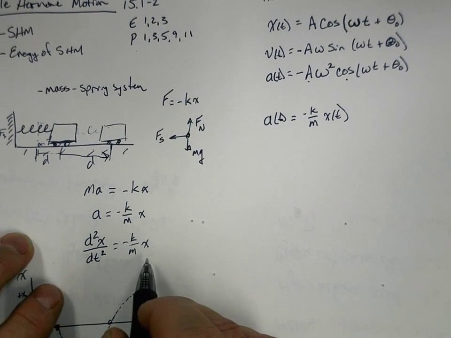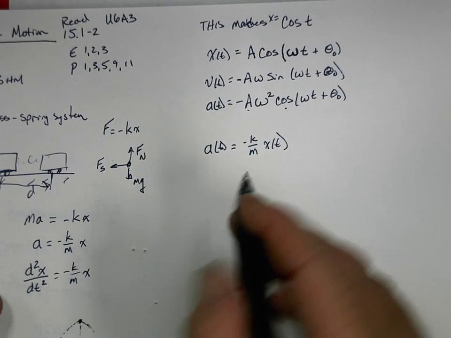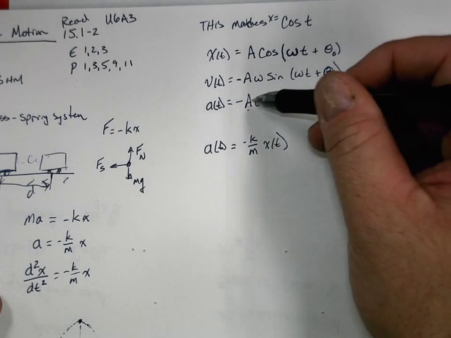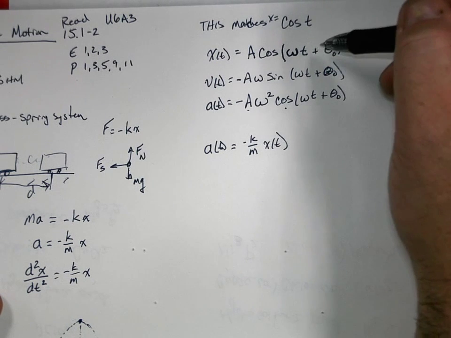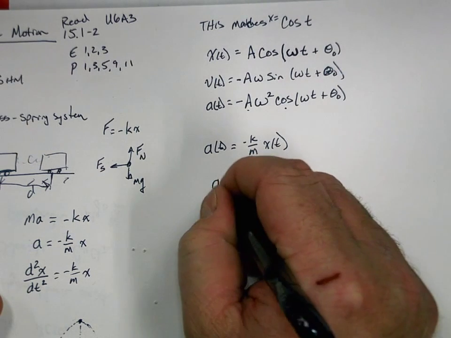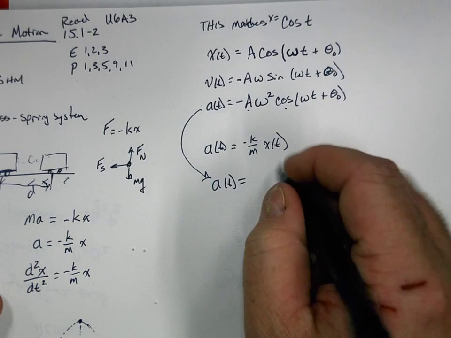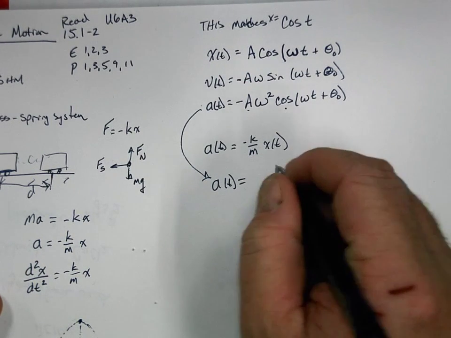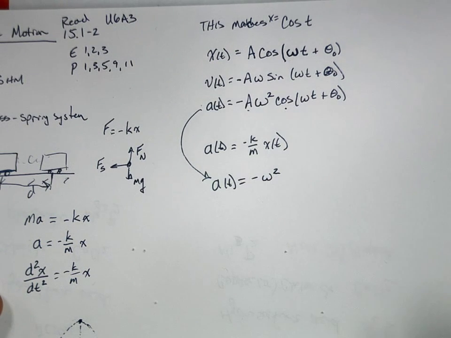Okay, hopefully you already have this in your notes, so you don't need to see it on mine. Okay. All right. That this A cosine omega t plus delta is what x of t is. So a of t is equal to, right?